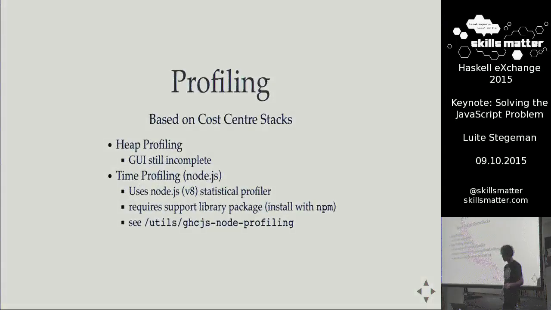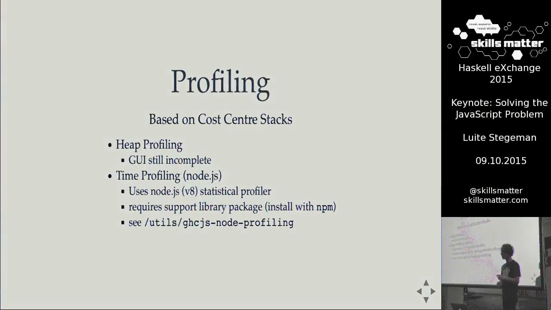The profiling that I mentioned before is completely there. It's based on cost centers that are the same as in GHC-based Haskell code. And what's new since last year is time profiling, and that currently only works on Node.js, since we use the Node.js statistical profiler.